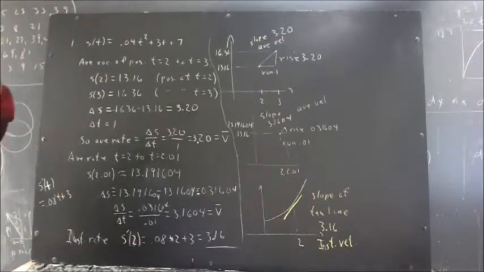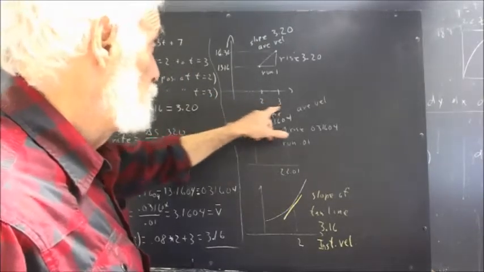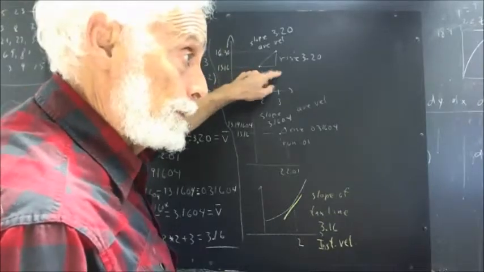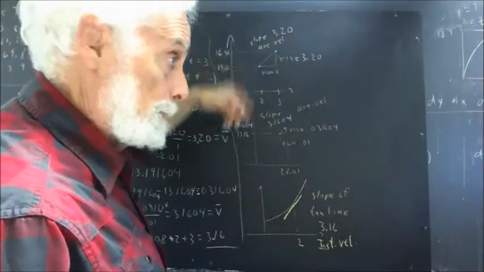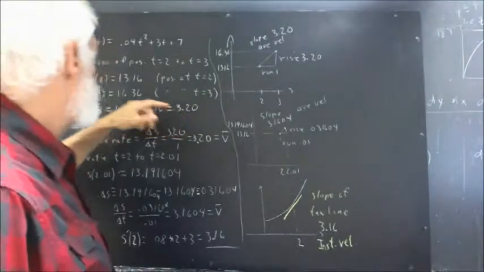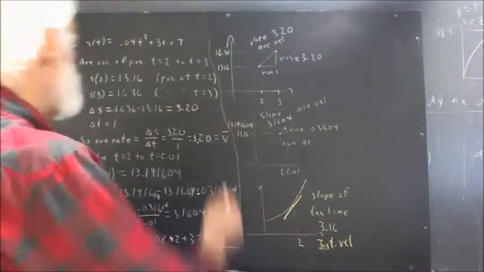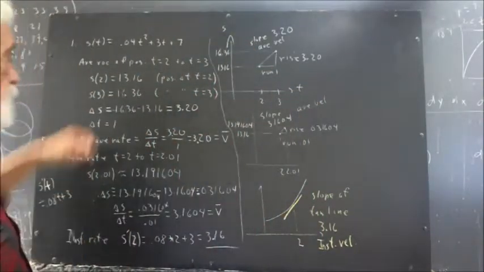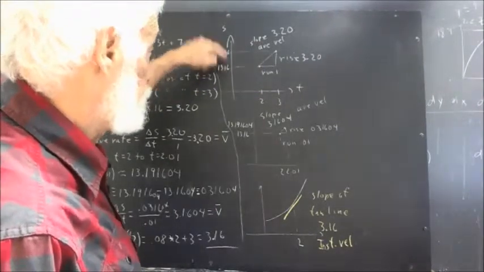Now again, what does that mean in terms of the graph? Well, our first interval goes from 2 seconds to 3 seconds. The run is 1 time unit, whatever those units are, and this is position versus time, of course, S versus T. The position goes from 13.16 to 16.36.